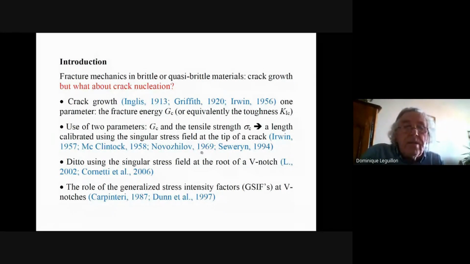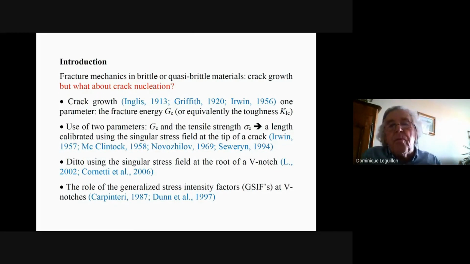And this Irwin, remember also his work on the plastic zone, the size of the plastic zone, the length here, McClintock as well, and later Novozhilov and Seweryn, who tried to use this length to predict crack nucleation at stress concentration points, especially at the sharp V notch.